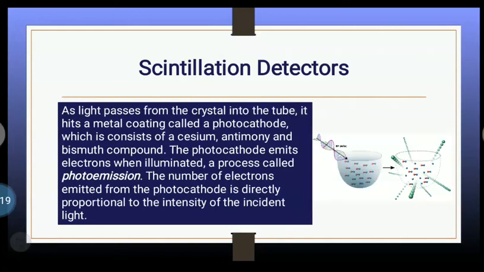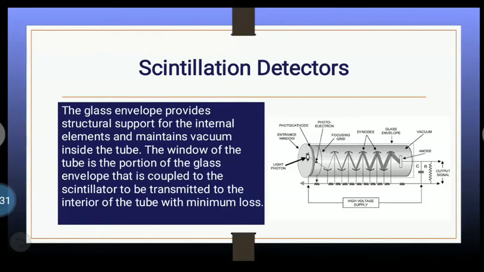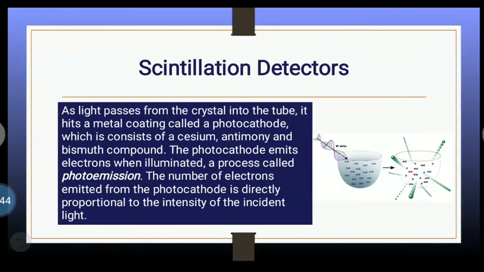What else? As light passes from the crystal into the tube, it hits a metal coating called a photocathode. Back to the slide. The photocathode is an important portion of the photomultiplier tube, which consists of cesium, antimony, and bismuth compounds.